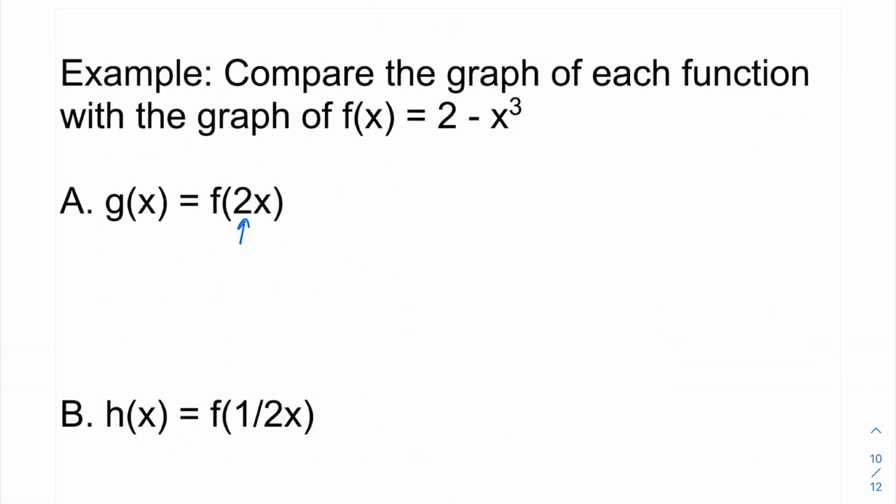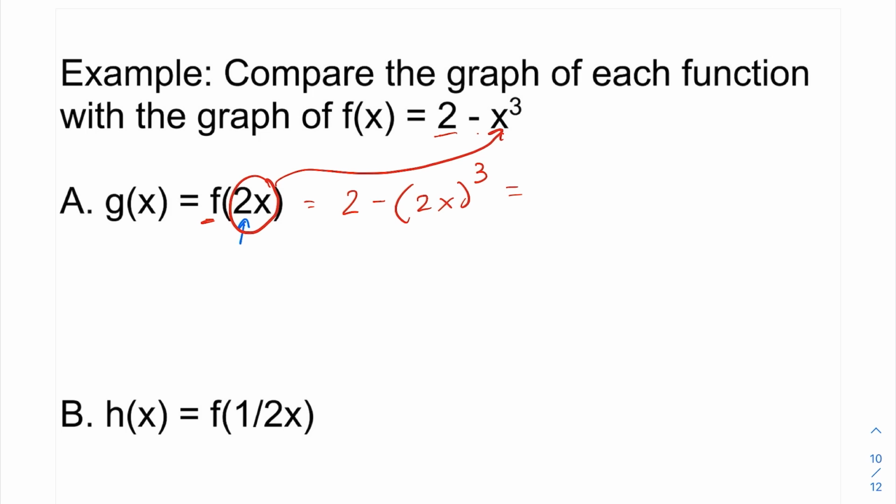Okay, compare the graph with the function f of x equals 2 minus x cubed. So with this one, I'm substituting this in for x in f of x. So this is going to be 2 minus 2x cubed. And what will this do to this graph?